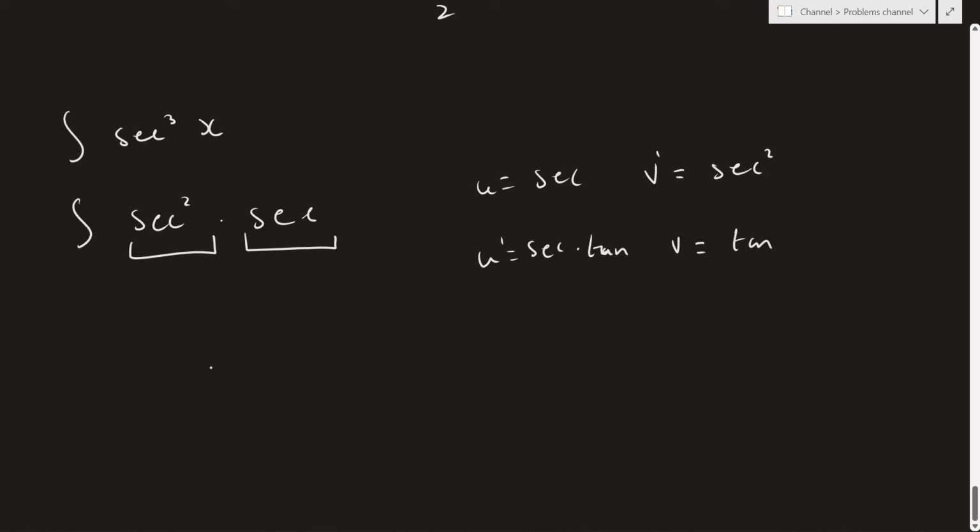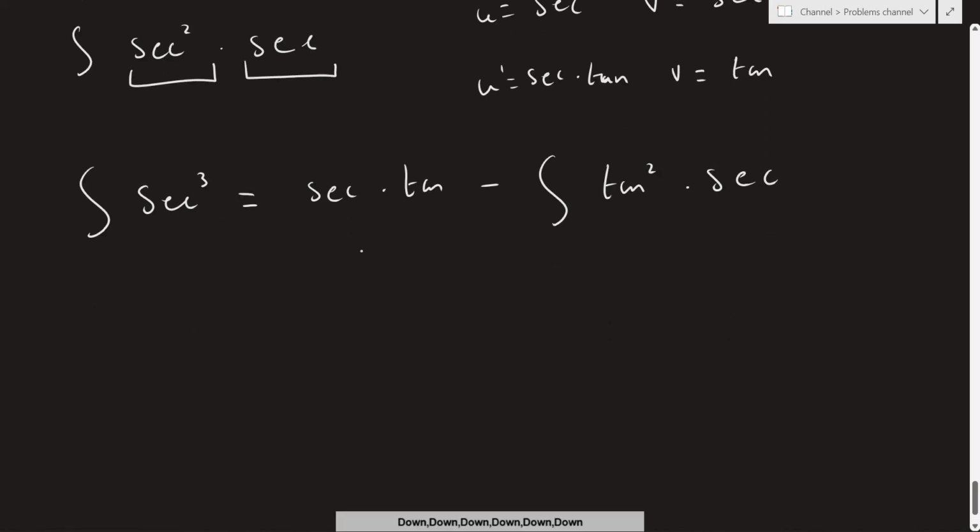So this would work. Now, perform the formula: secant times secant squared, which is uv prime, which is secant cubed, equal to uv, which is secant times tan, minus the integration of u prime times v, which will be tan squared times secant.